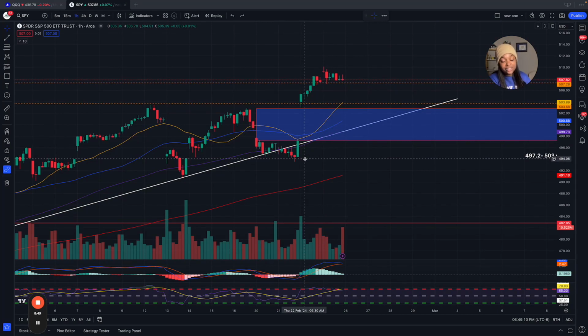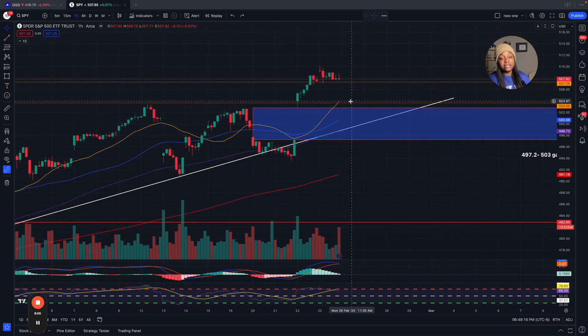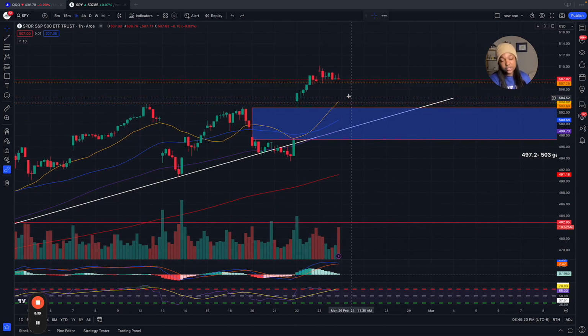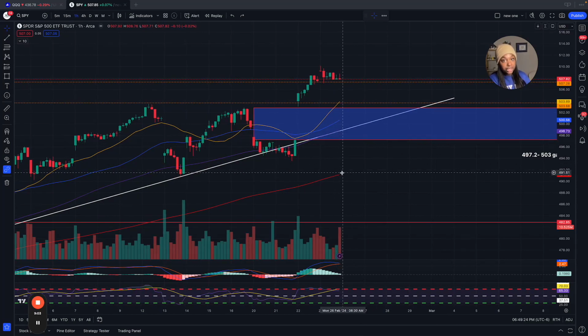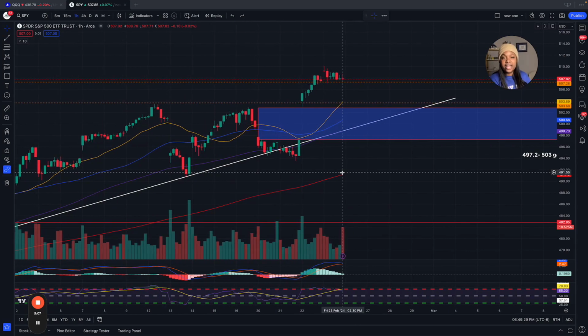And if it just continues to lose 494, then I'm targeting the hourly 100 MA at 491. Again, if you are not already in a leap for the year 2025 and 2026, when SPY holds, here is when you get in. And if you're already in, if you feel like averaging down while you're still around the same place that you entered, feel absolutely free.